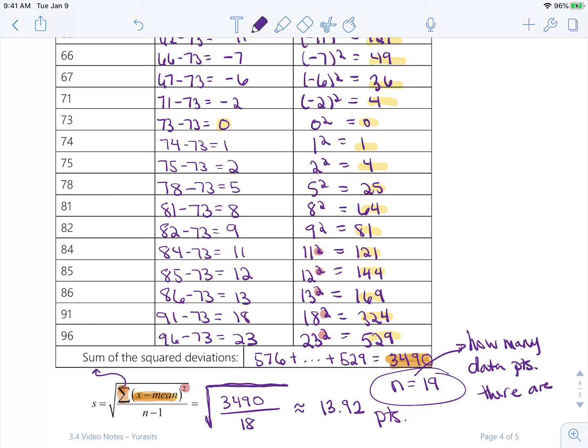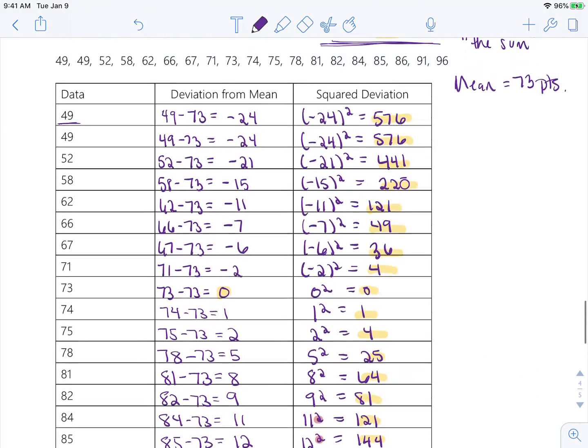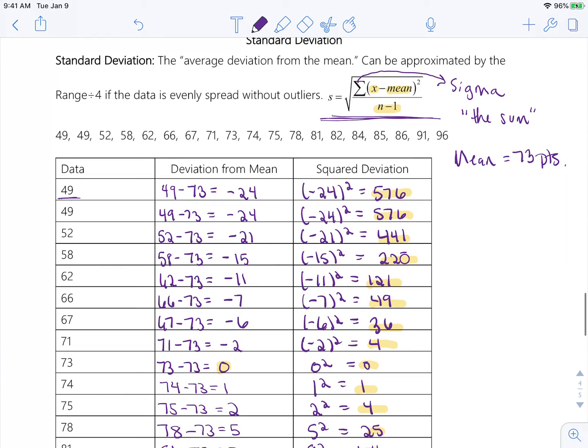So what that's telling you is your standard deviation for this set of data is about 13.92 points away from that average of 73. So let's make sense of that. Remember also it's the average deviation.